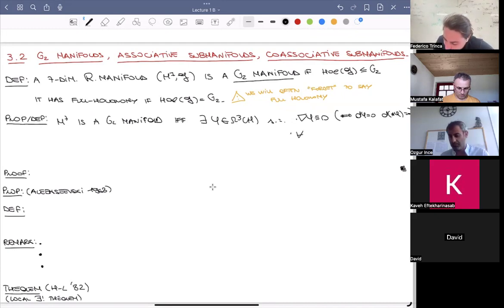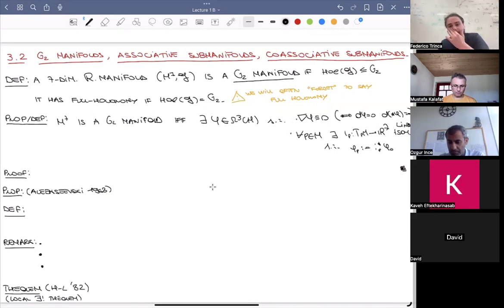And second, that for every point in M, we have a linear map from TPM into R7, a linear isomorphism, such that the three-form phi defined here at the point P is equal to EP star of phi 0.